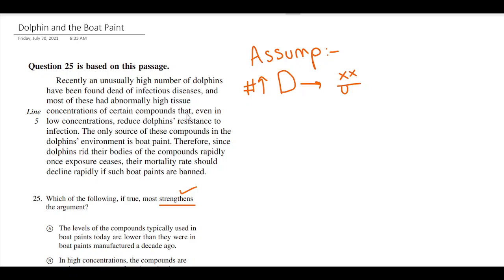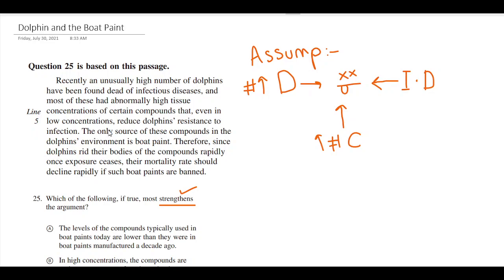So the reason they're dying is probably some type of infectious disease. That's why these poor dolphins are dying, and they have pretty high concentrations of certain compounds. Okay, so far so good.